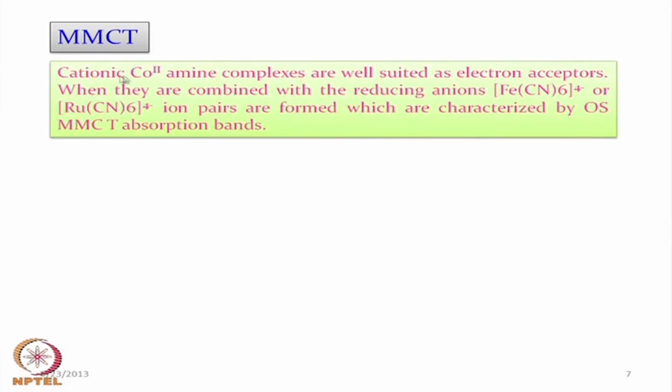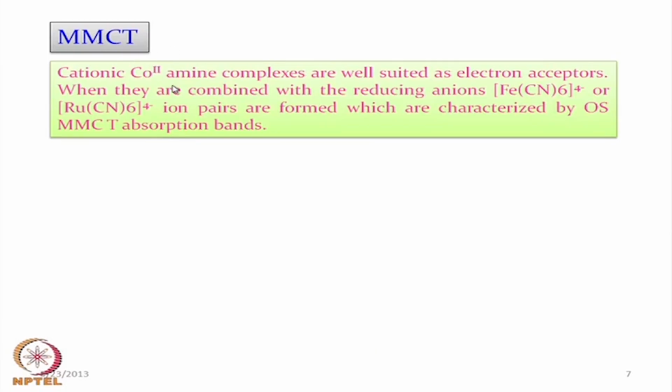The last category is the MMCT type, where we have the cationic cobalt amine complexes, which we can find paired with the hexacyano iron 4 minus, that is the ferrocyanide species, and the corresponding ruthenium analog. If they form pairs, they are characterized by corresponding outer sphere MMCT transitions.